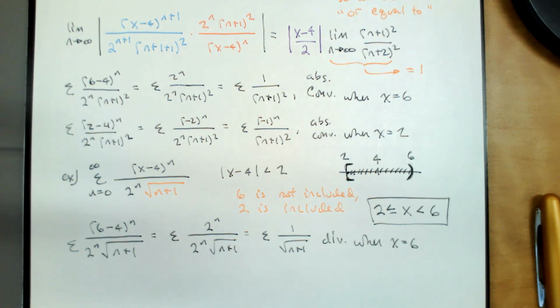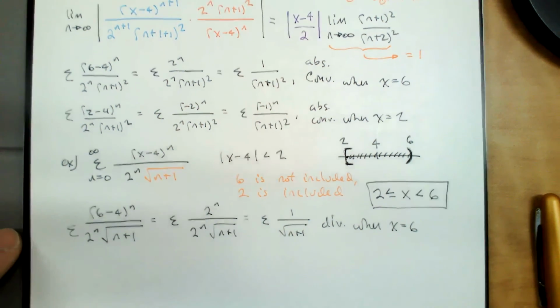And when I plug in 2, we'll get the alternating version, because that's what the exponential stuff does when we plug in the endpoints.